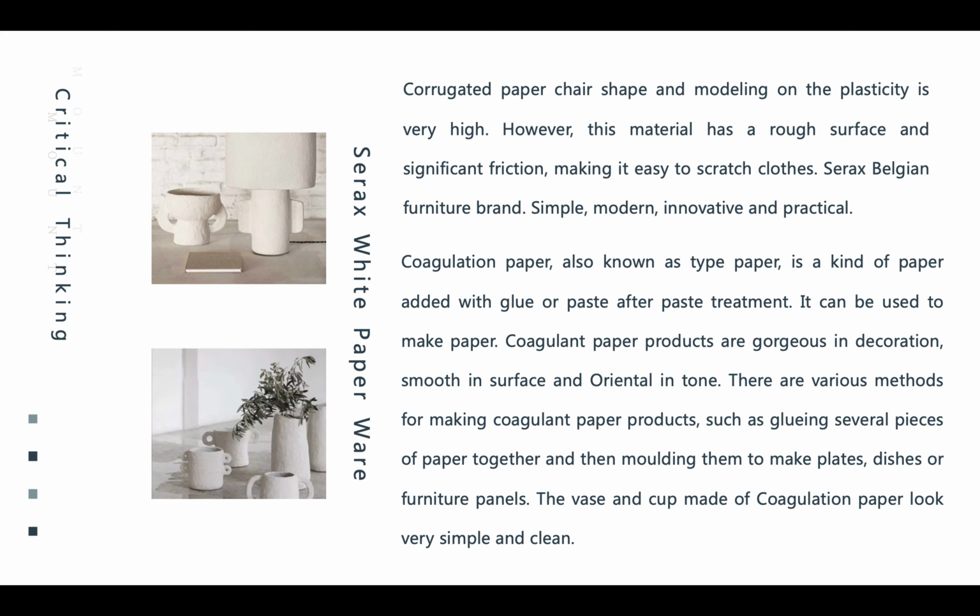There are various methods for making coagulated paper products, such as gluing several pieces of paper together and then molding them to make plant dishes or furniture panels. The vase and cap made of coagulation paper look very simple and clean.